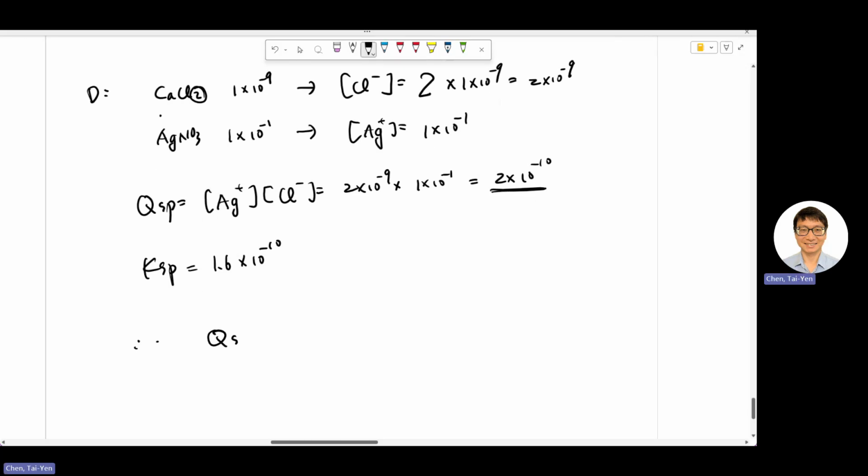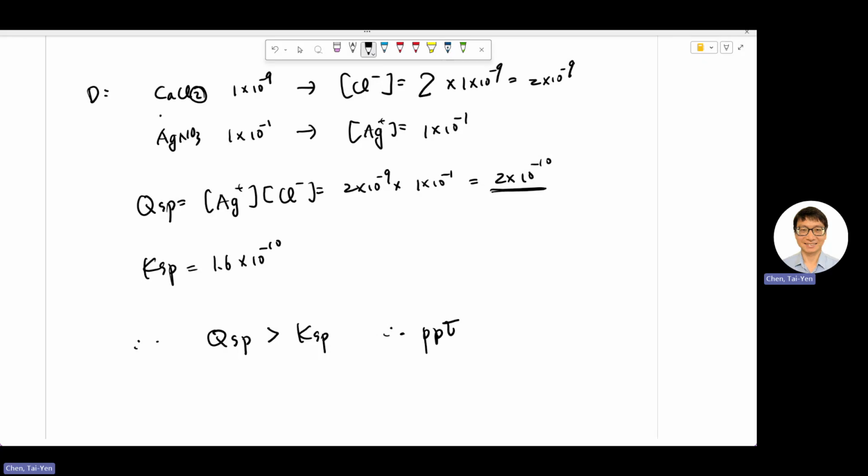Therefore, your QSP, which one is larger, Q or K? Q, right? So Q is going to be larger than K. Therefore, precipitate will form. Okay, so conceptually, it's actually very simple. All right, so this is how you do this, right?